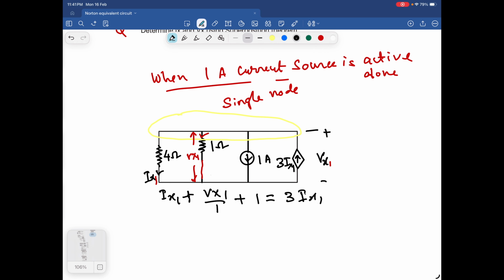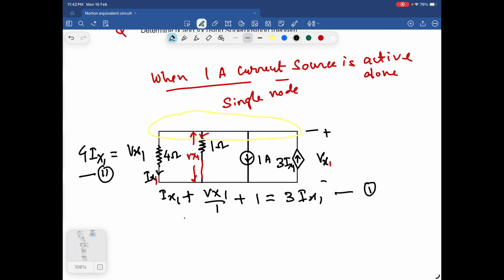So this is 2Ix1 equal to minus 1, and I can write Vx1 is equal to 4Ix1. This is equation 2.